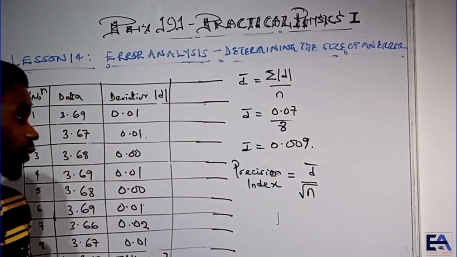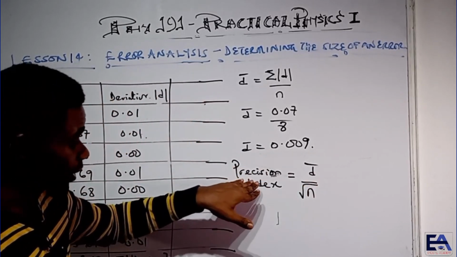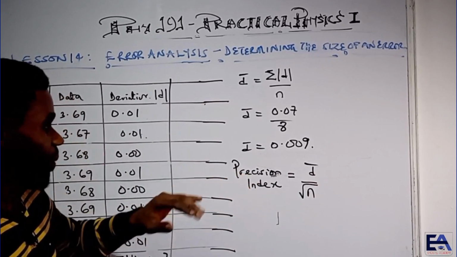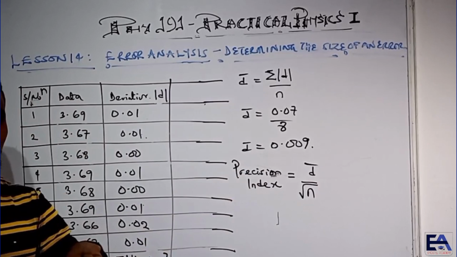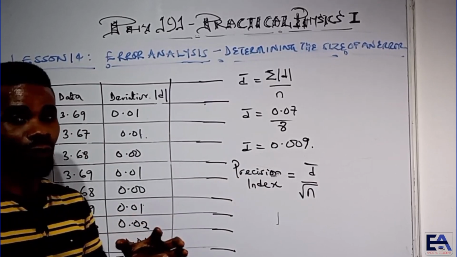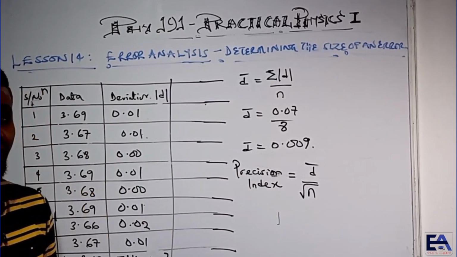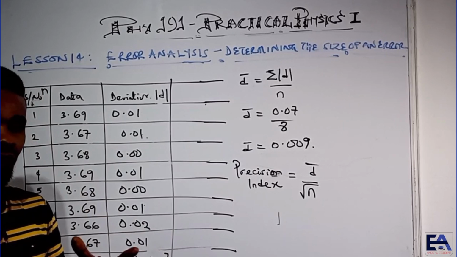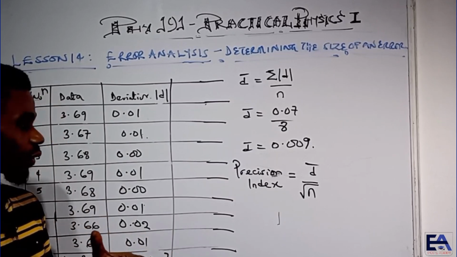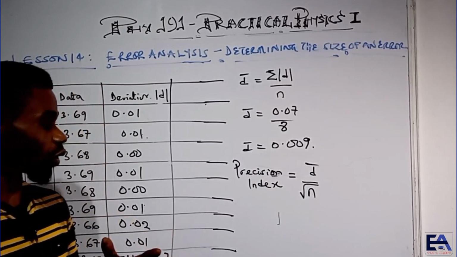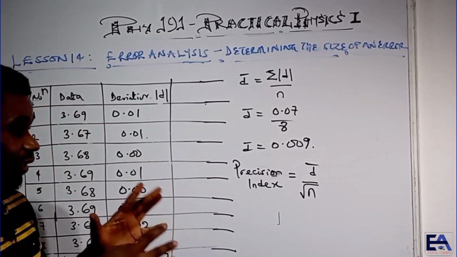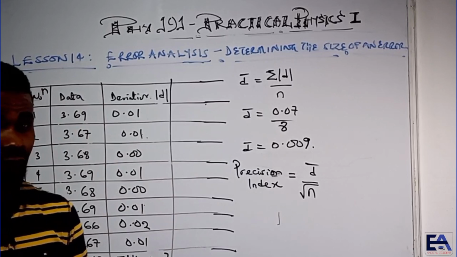I beg your pardon, sorry. So this is what we call precision index. Precision index is just like a measurement that is trying to tell us how precise all these readings are. Okay, it's just a measurement of the precision or the closeness of the values of the measurements that you had in that series of experiments.